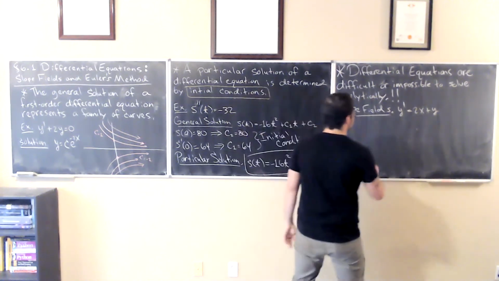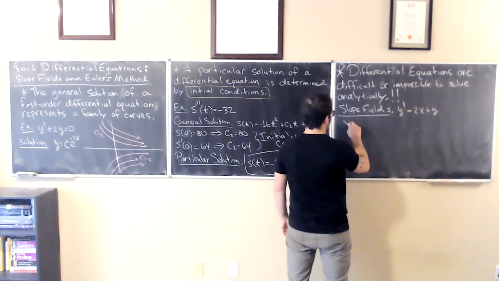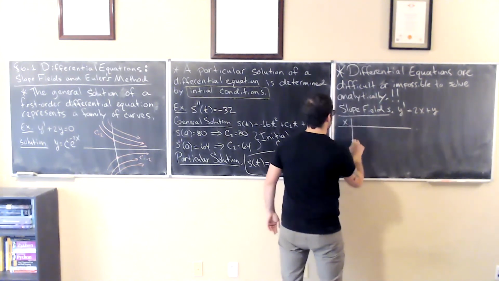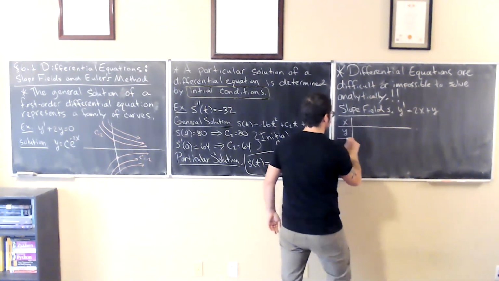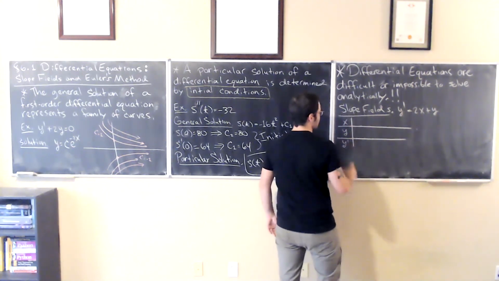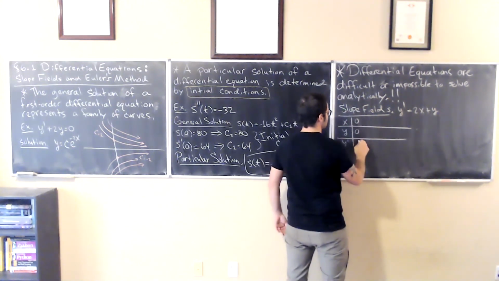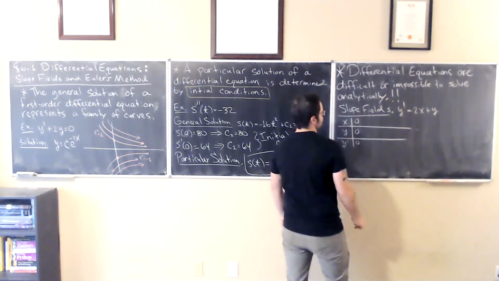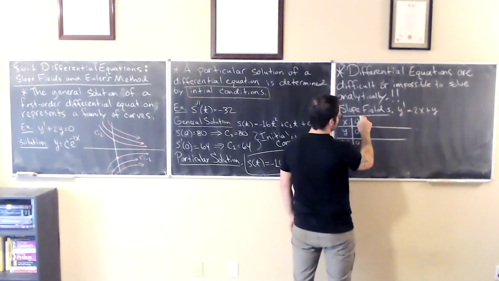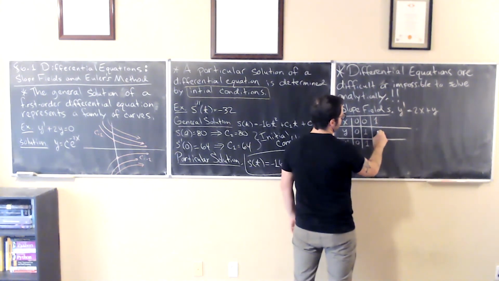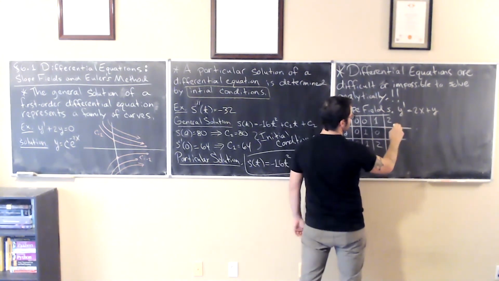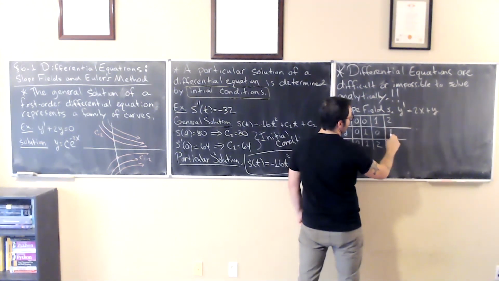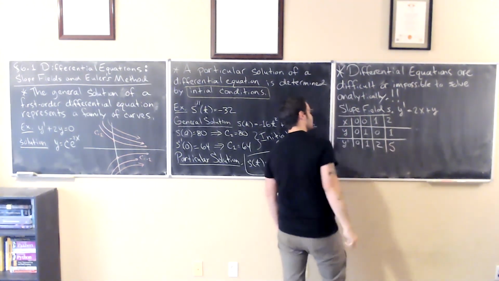So for example, x, y, y prime. When these are both 0, y prime is 0. When x is 0 and y is 1, y prime is 1. When x is 1 and y is 0, y prime is 2. When x is 2 and y is 1, y prime is 5.